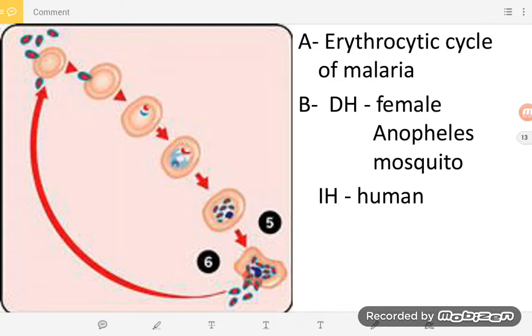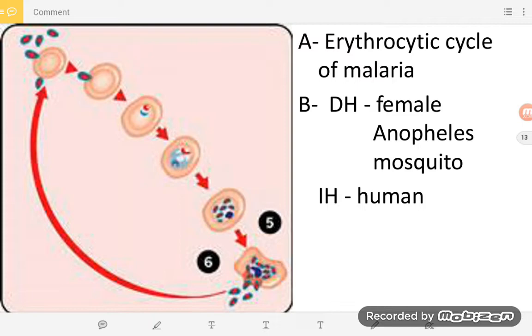The number of merozoites in the schizont may vary according to the species, but here it is 8 to 32. In the liver cycle the schizont has more than 10,000 merozoites, but in the erythrocytic cycle the merozoites are normally 8 to 32. It also depends on the species.